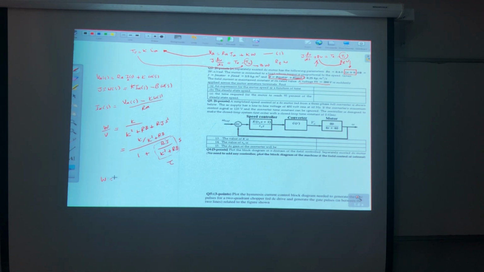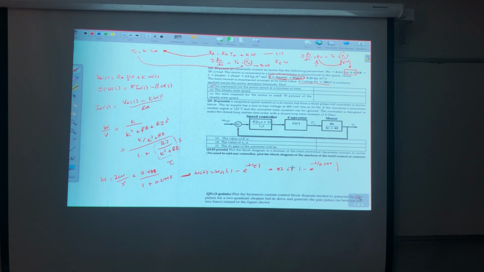So omega will equal 200 over S. If I engage the parameter, multiply by 0.488 over 1 plus 0.244 S. Now, if I need to find omega of t, this will be omega steady state times 1 minus exponential minus t over tau, and this will be 97.6 times 1 minus exponential minus t over tau, which is 0.244. Good. So this will be the first one.